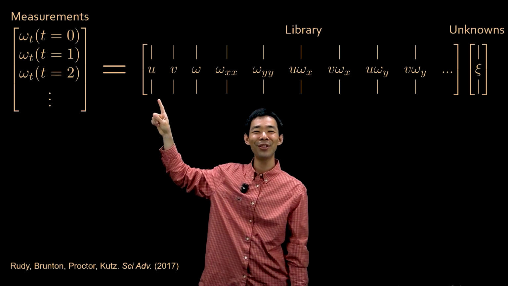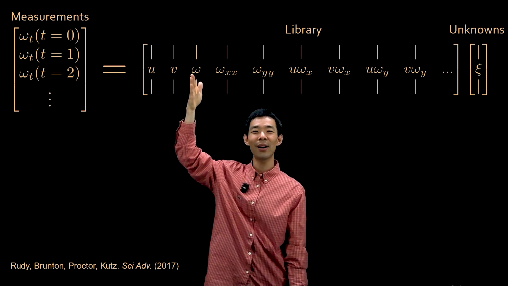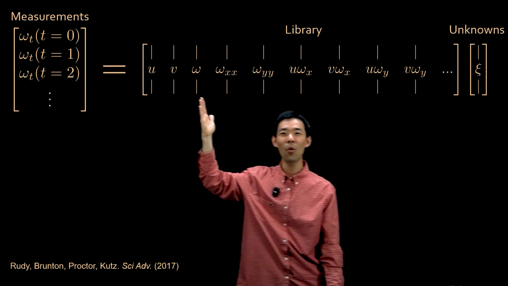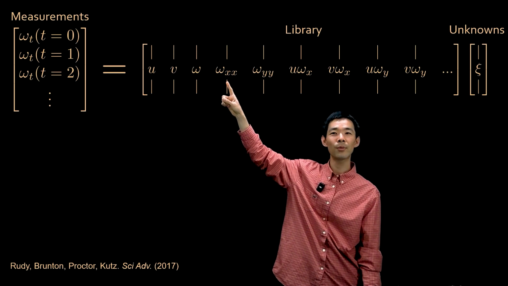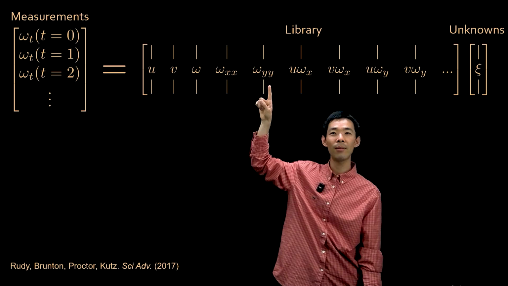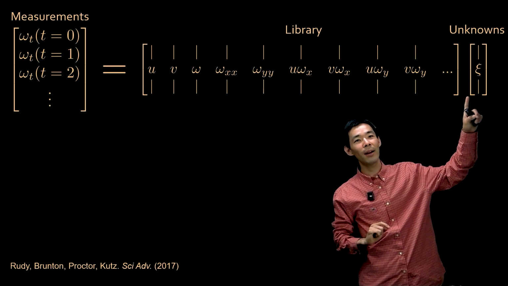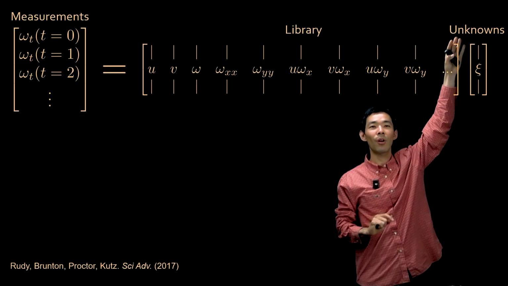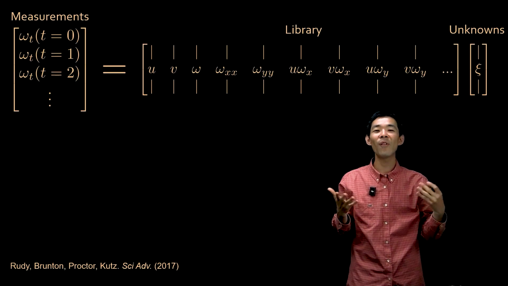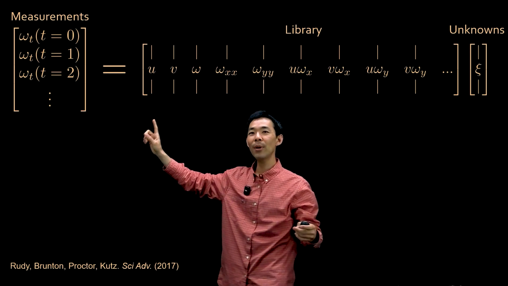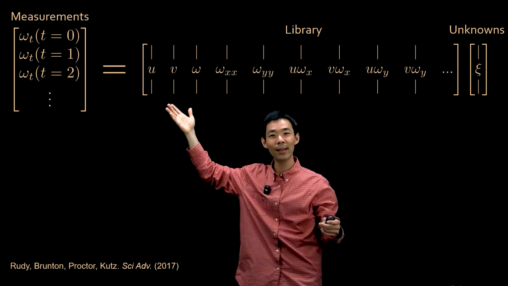What I have here: u is the velocity along the x direction, v is the velocity along the y direction, and omega is the vorticity. Each of these are partial derivatives with respect to x, y, and so on. Now, way on the right-hand side is your column vector of all of your weights, coefficients that contain how much of u do I need to take, how much of v do I need to take, how much of omega do I need to take, and so on.